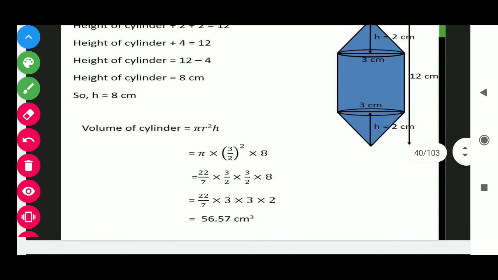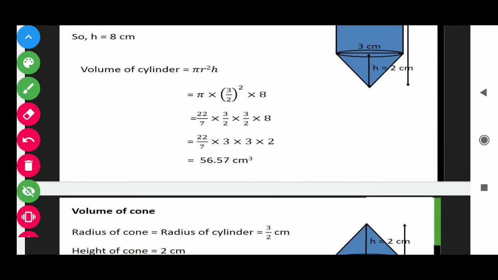So after putting the values of radius and height, we get pi times 22/7, 3/2 into 3/2, 2 times, and after cancelling out 2 to 2, we get 2 into 2 is 4, 4 2s are 8, and after that 3 into 3 into 2 into 22, we get 56.57 cubic centimeter.